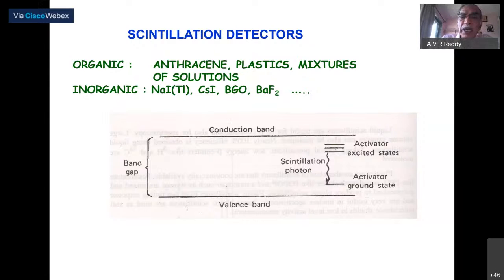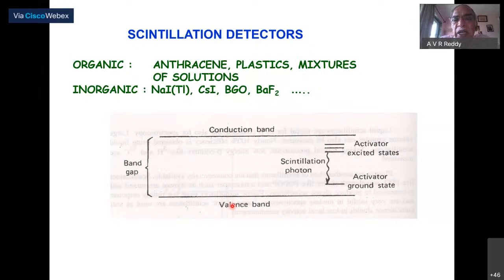Now, you take a typical inorganic crystalline material like sodium iodide, let's say thallium is not doped, then the band gap corresponds to 3 to 4 eV. Then what happens is when radiation passes through or interacts with this material, this energy will be transferred to the electrons, which will move to the conduction band.